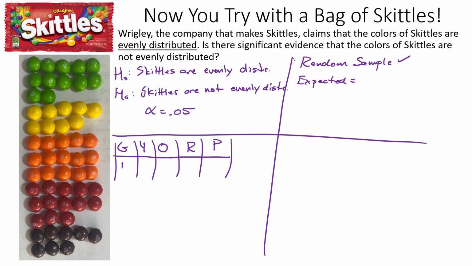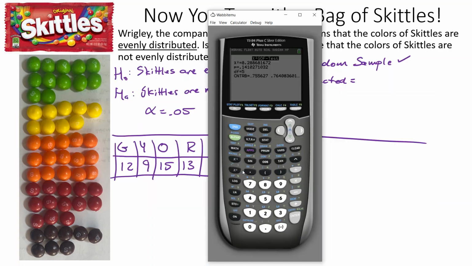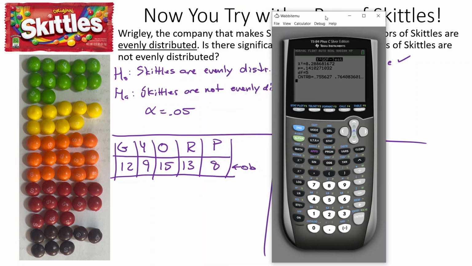So it looks like we've got 12 green, 9 yellow, 15 orange, 13 red, and 8 purple. And if we add those up, so this is going to be our observed. I'm going to grab my calculator because I'm being lazy today.